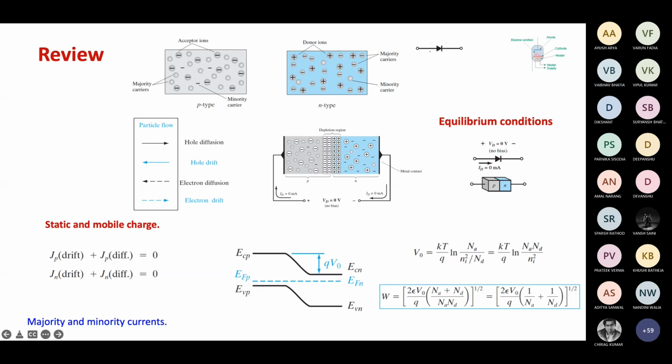And there is a small point here, that the majority carrier and minority carrier populations are related to each other, because if the Fermi level is close to the conduction band, it means electrons will be more, holes will be less. So if one is more, another will be less. They are inversely related to each other.